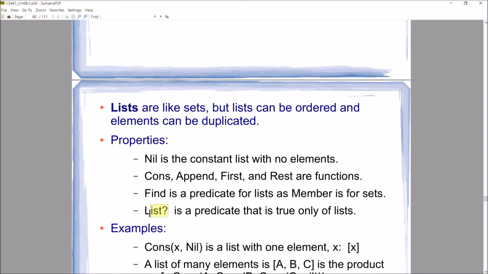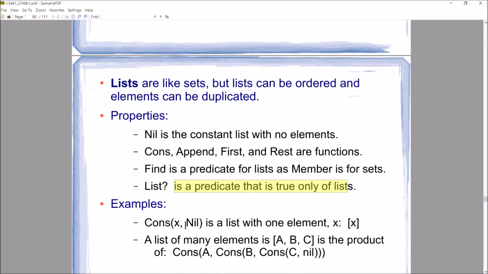What about list question mark? This is something that would evaluate to true only if you've given it something that is a list. In Lisp, that takes the form of the listp function. Okay, some examples here. Cons x comma nil is a list with one element, right?